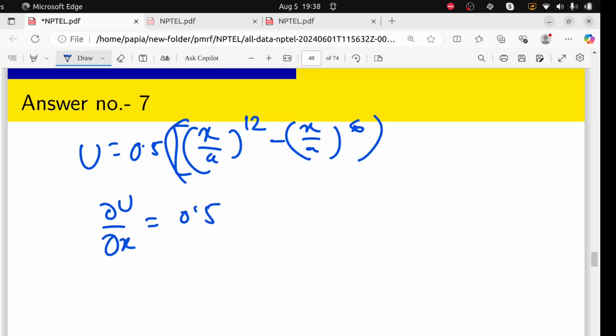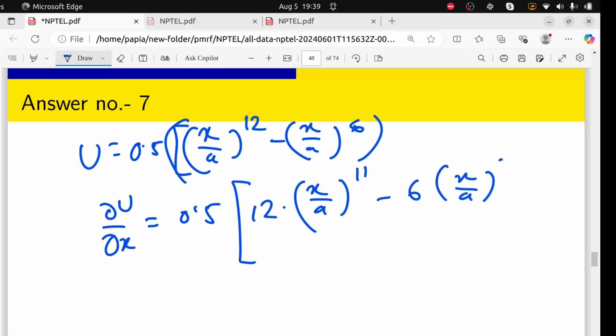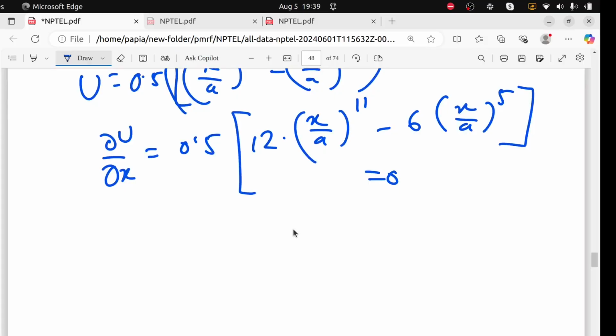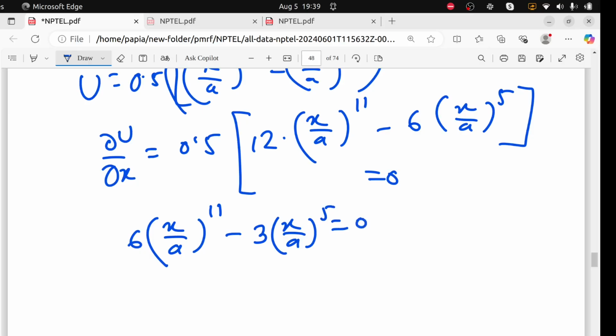So what is del u del x? Del u del x is 12 x by a to the power 11 minus 6 x by a to the power 5, and we will just put that one to 0. So if I do that, then it will be 6 x by a to the power 11 minus 3 x by a to the power 5 equals 0.